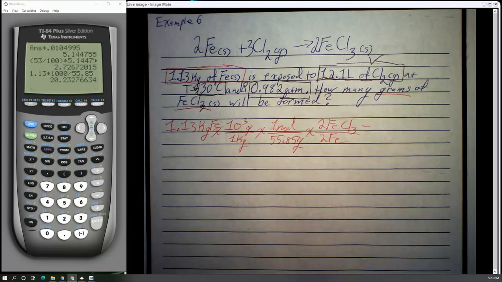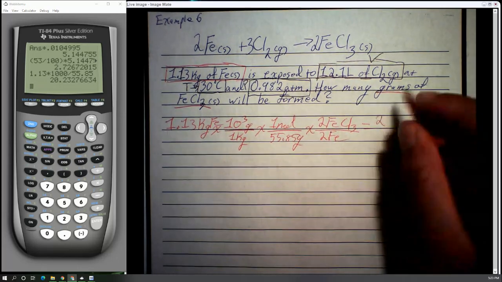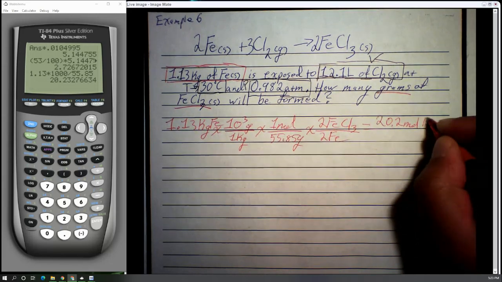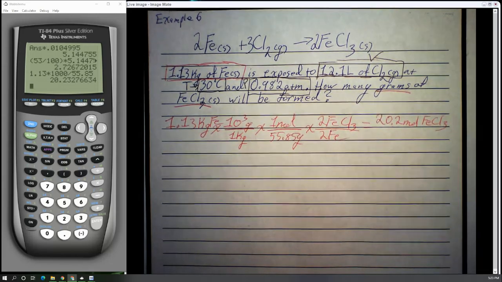Okay, so that would be 20.2 moles of the iron chloride.